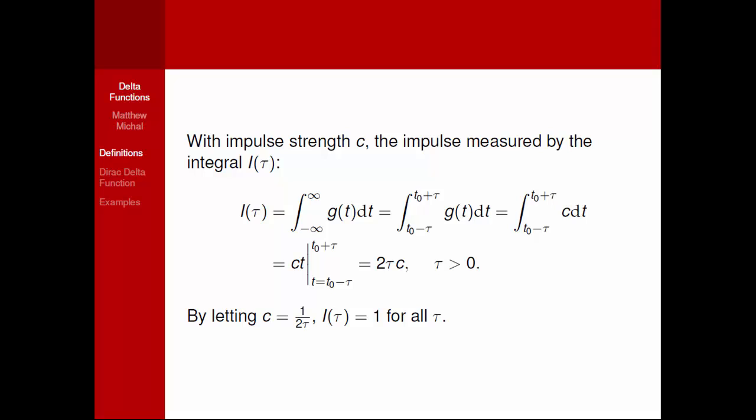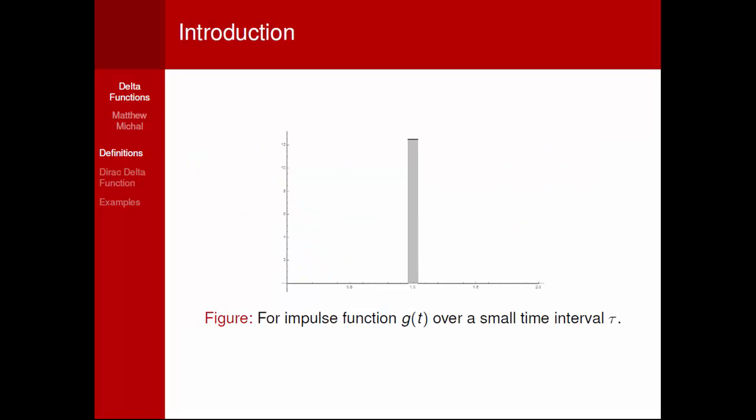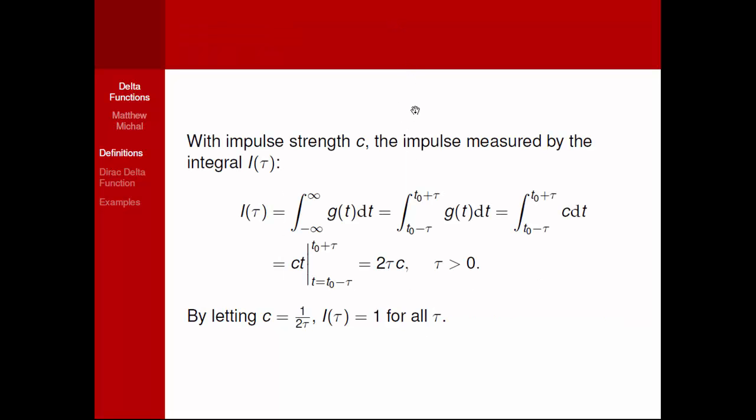Likewise, the smaller tau we have, the bigger c we have. Which makes sense because we have a smaller time period, smaller gray region, but has a higher height. But if I choose this tau, you choose this value of c, then regardless of tau, my integral, I, will always be 1.